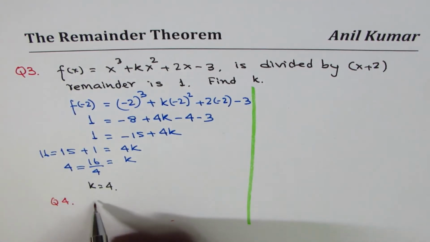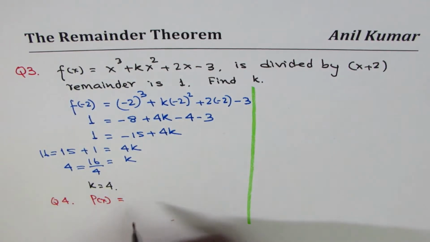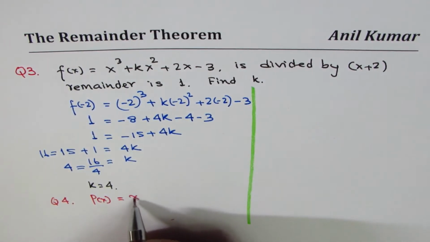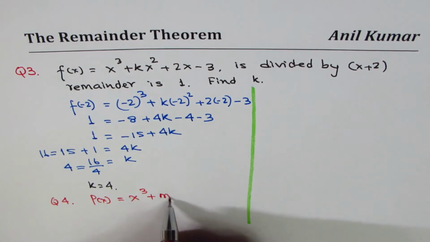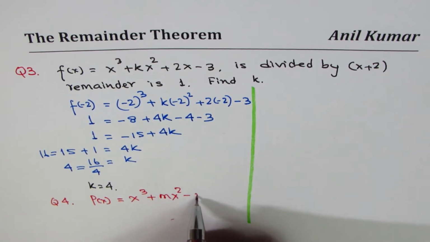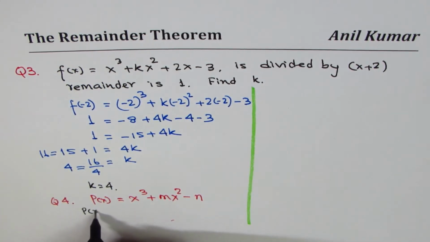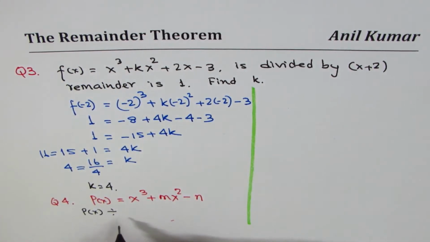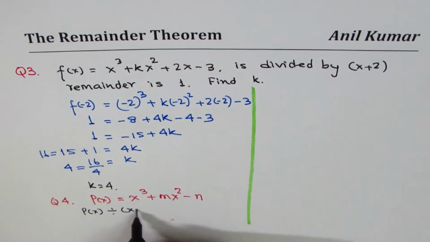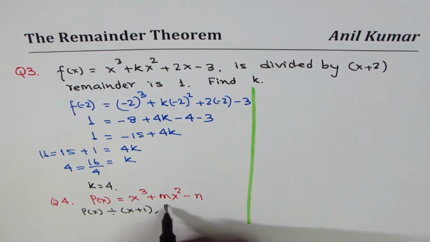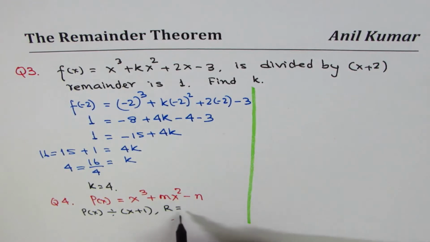Question 4 is, let's say we have a polynomial p of x, which is equal to x cubed plus mx squared minus n, right? Let's say that is the polynomial given to us. And when you divide the polynomial by x plus 1, remainder is equal to minus 2.